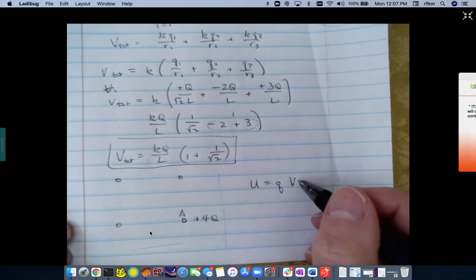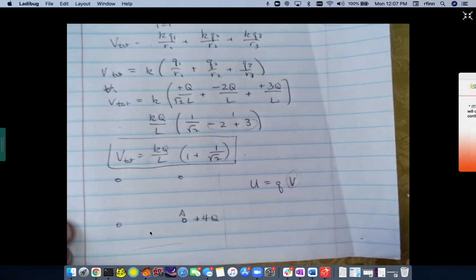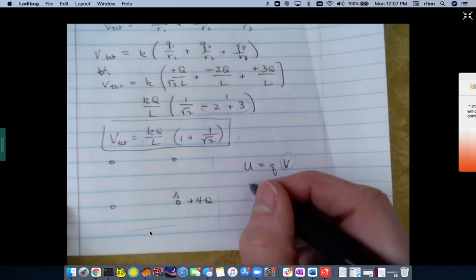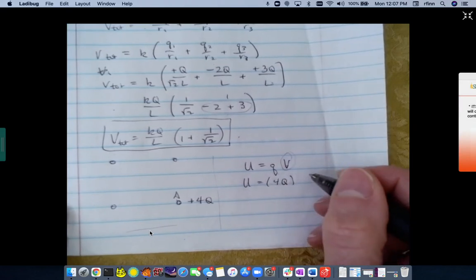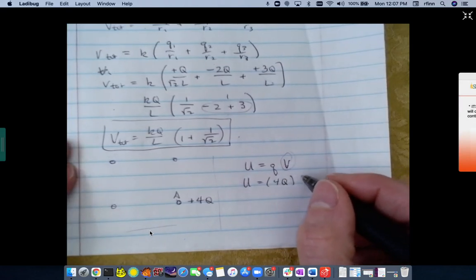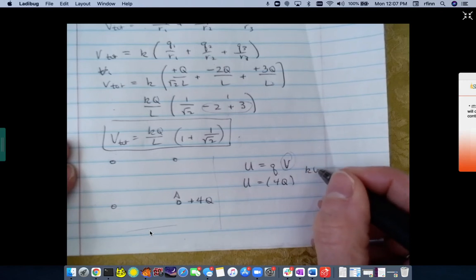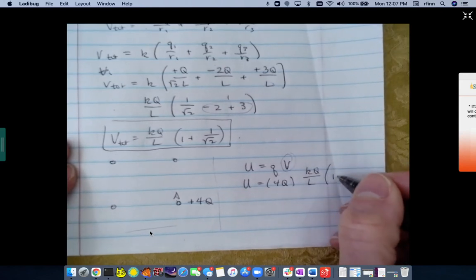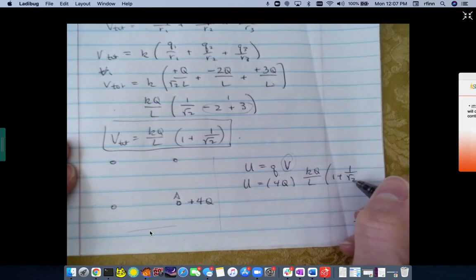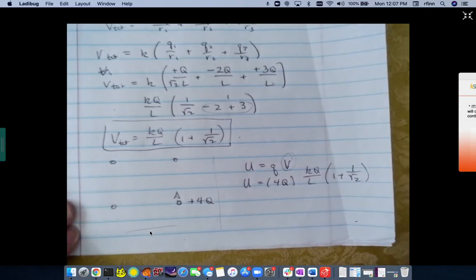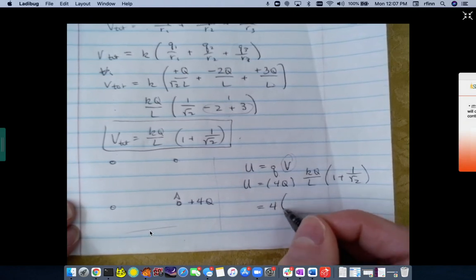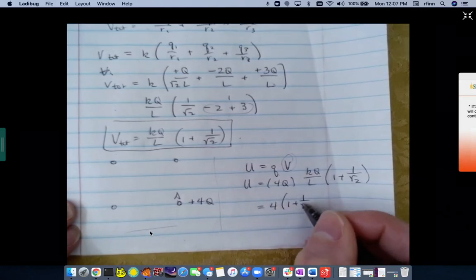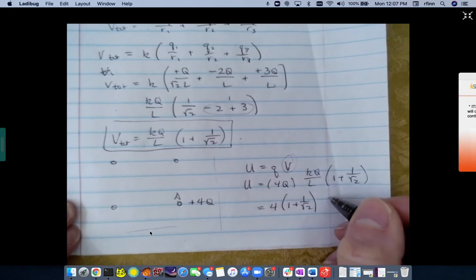So we just take the expression we found from the first part and multiply by the charge. Our potential energy is going to be 4Q times the potential we got before, which is kQ over L times 1 plus 1 over the square root of 2. And so we can bring all those numbers out front, and then we get kQ squared over L.